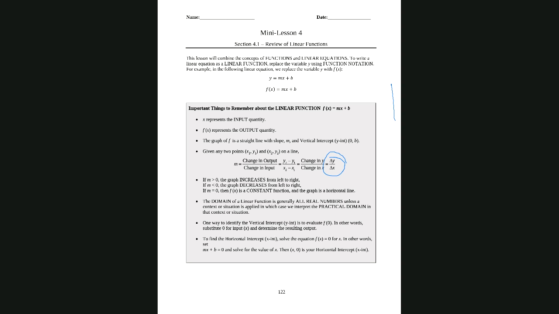What about the domain of a function? The domain of a linear function is generally all real numbers.